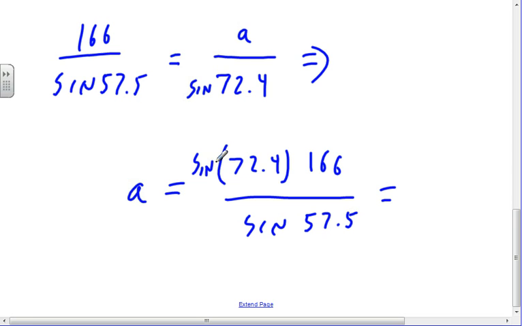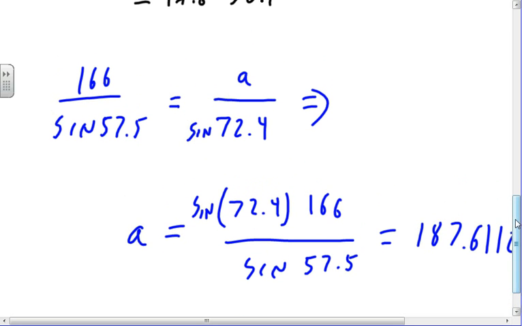Clear the whole darn thing. I didn't put a parenthesis in. Sine 72.4 close parentheses times 166 divided by sine 57.5 close parentheses, boom. 187.612.